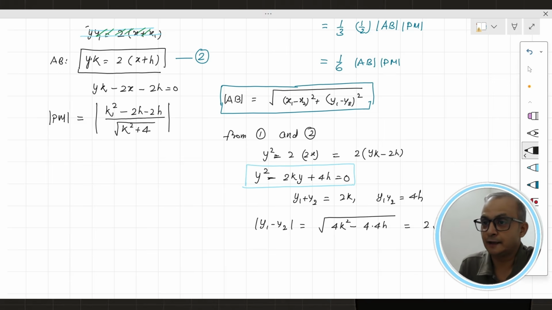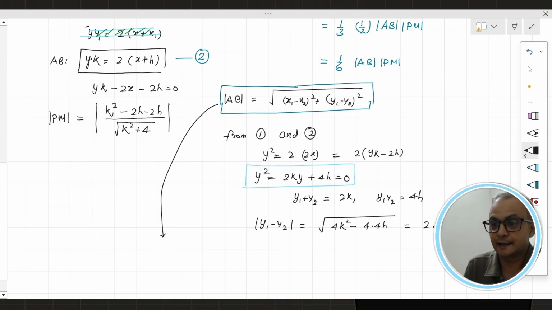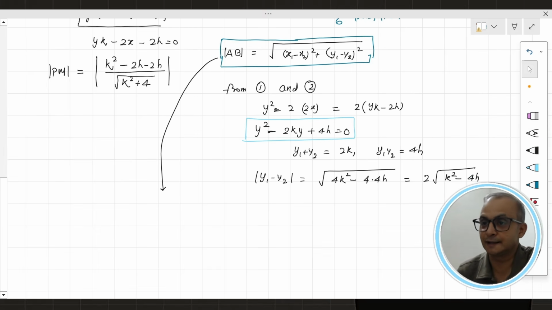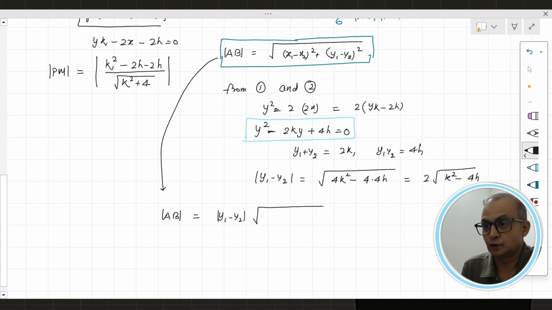So again we take this AB and see what is convenient for us. So let's take it. So AB I have now. I'm taking y1 minus y2 common from there. So we'll come at y1 minus y2 mod, and in the square root, what we get here is (x1 minus x2 by y1 minus y2) the whole square plus 1.